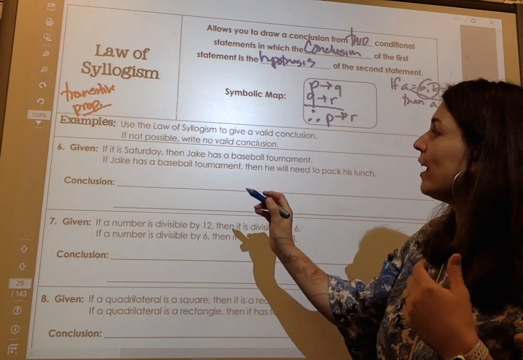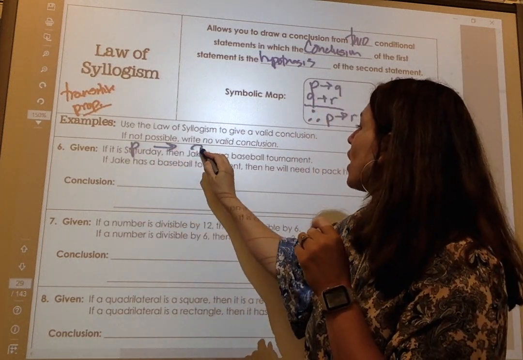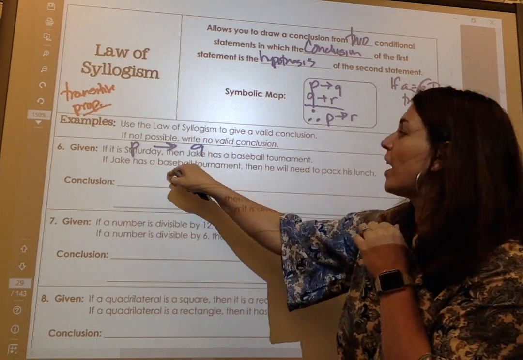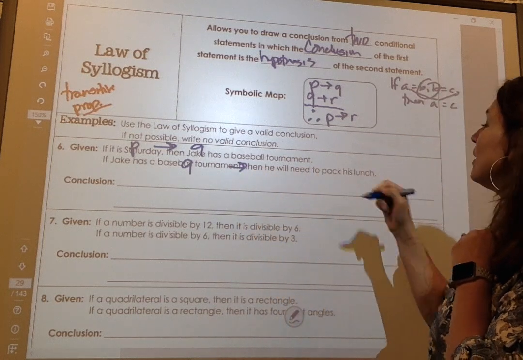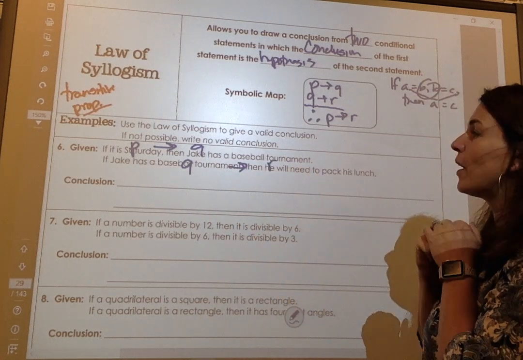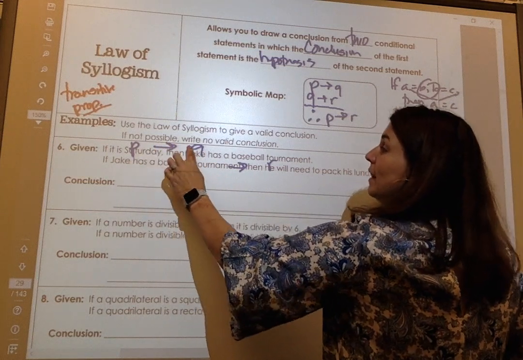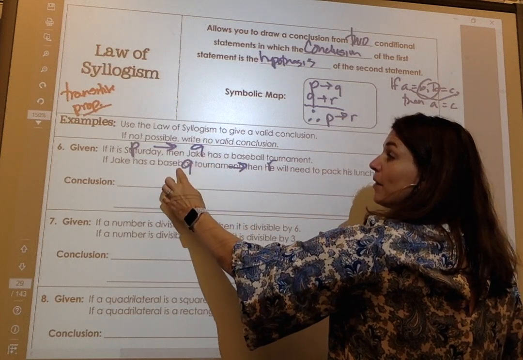conclusion. So if it is Saturday, there's my P statement, then Jake has a baseball tournament. That's my Q statement. If Jake has a baseball tournament, that's my Q statement, then he will need to pack his lunch. That's my R statement. So this follows law of syllogism. If P, then Q, my Q statement, so it's the conclusion here, but it's the hypothesis here.